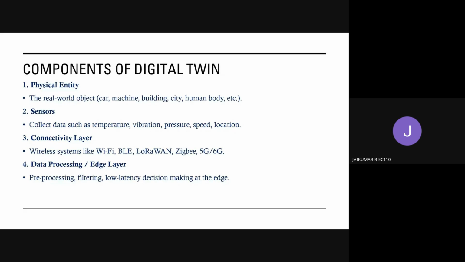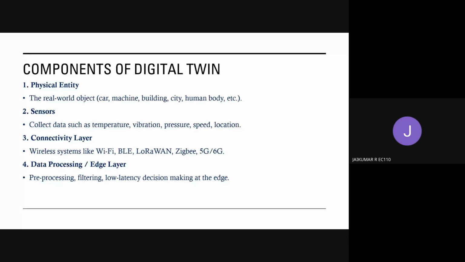It may be a device, or a building, or a city, or a network, or a kind of human body. The physical entity is the first component of the digital twin. It is the machine from which we are going to extract the data, what we are making a copy from. So that is called physical entity.